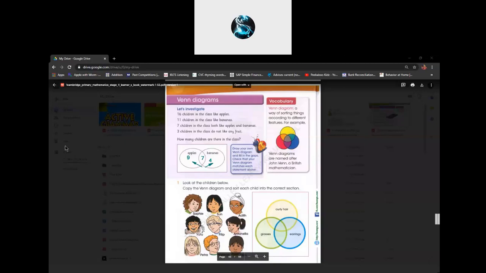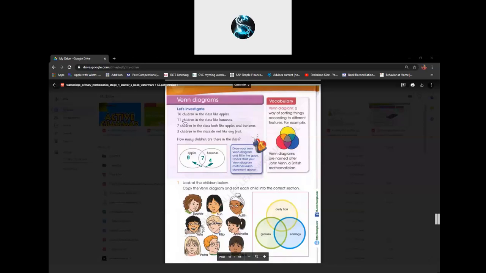Wait a second. Wait, how did you get 9 for apples? Oh, okay. So I got 9 for apples because, you see that we use the Venn diagram right here, right? It says 7 children in the class both liked apples and bananas. So we're going to put 7 in the part that has both.